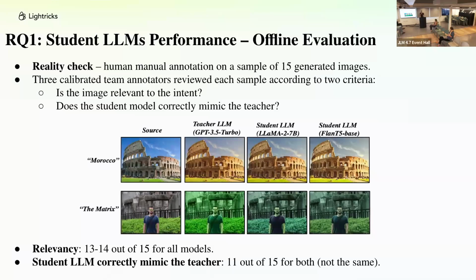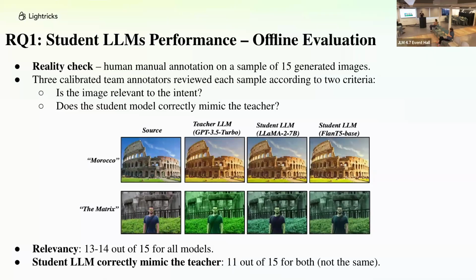So we aggregated all of these results for these questions, and in terms of relevancy, between 13 and 14 out of 15, annotators say the response is relevant, which means that the teacher and the students both give quite relevant results. And on the question of whether the student LLM correctly mimics the teacher, we got 11 out of 15 for both of the models.